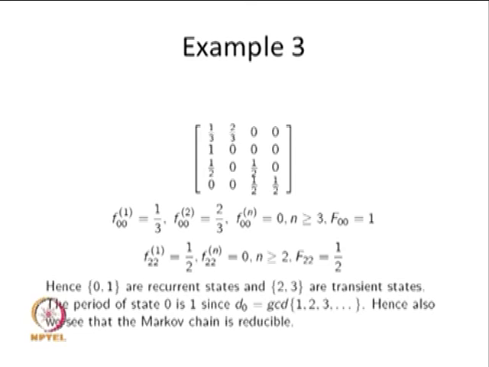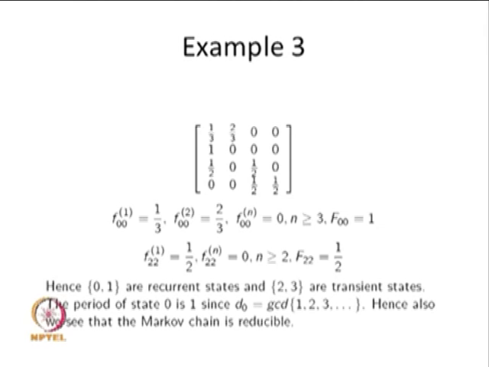Before that, we will try to find out what type of recurrent state it is, whether it is going to be positive recurrent or null recurrent. If you find mu 0 0, that is nothing but 1 times 1/3, 2 times 2/3, 3 times 0, 4 times 0 and so on.